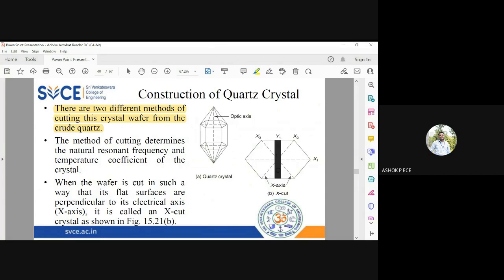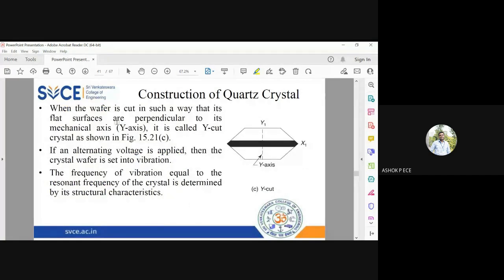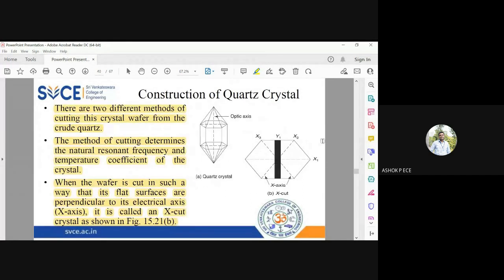X cut is where I'm going to make a cut along the x-axis, and Y cut is where I'm going to make a cut which is going to be parallel to the electrical axis or perpendicular to the mechanical axis. So see here how we are going to cut the crystal, whether it is going to be X cut or Y cut will determine the frequency of oscillation from your circuit.